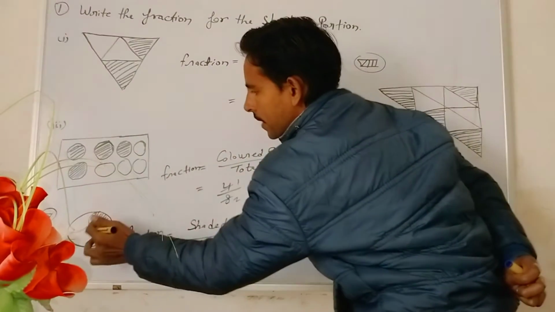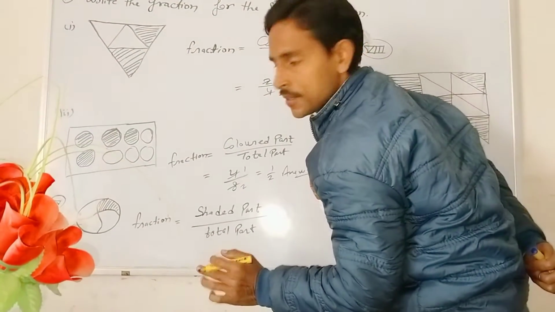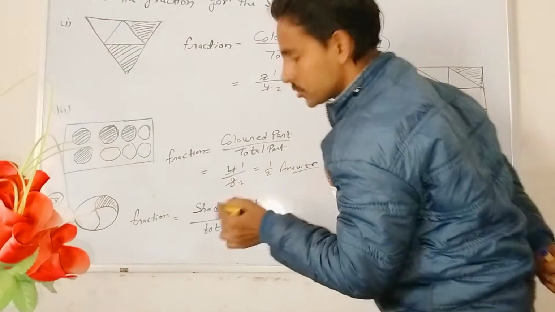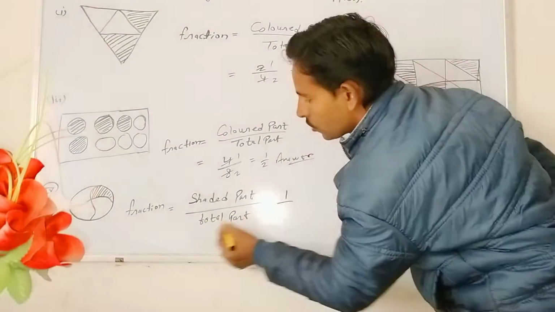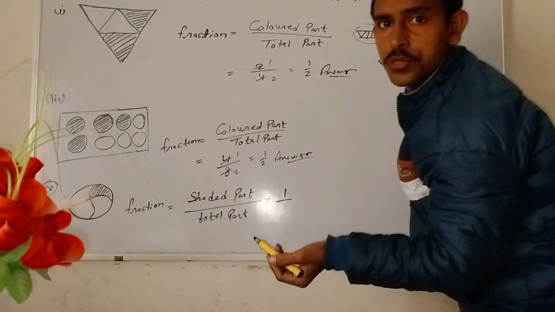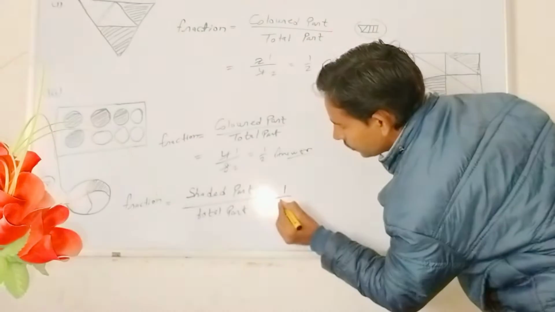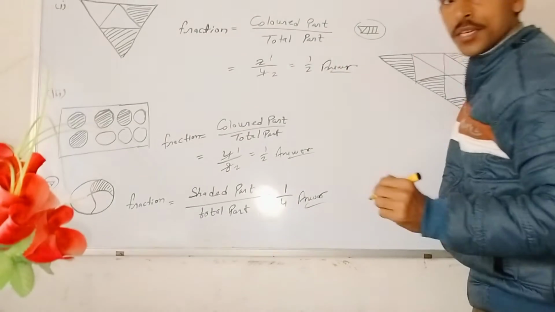There are 1, 2, 3, 4 boxes, and one box is colored or shaded. So in the place of shaded part we can write 1, and for the total part there are 1, 2, 3 and 4. Four parts are total. So four boxes are total. So in the place of total part we can write 4. That is our answer.